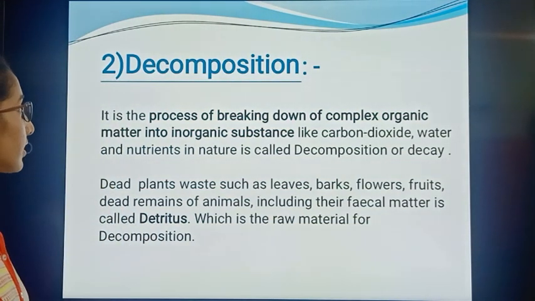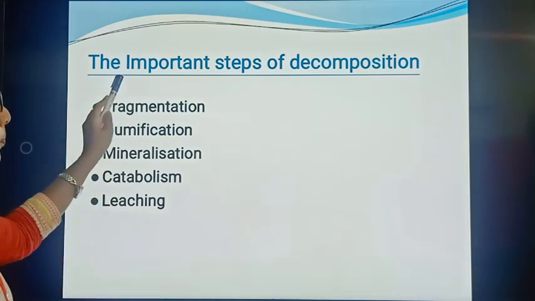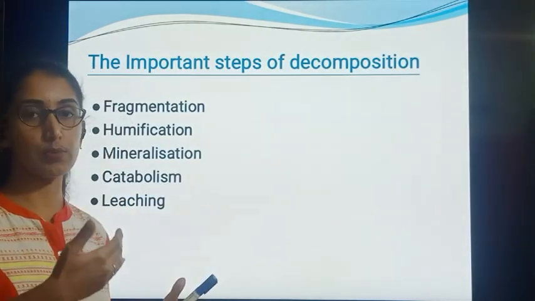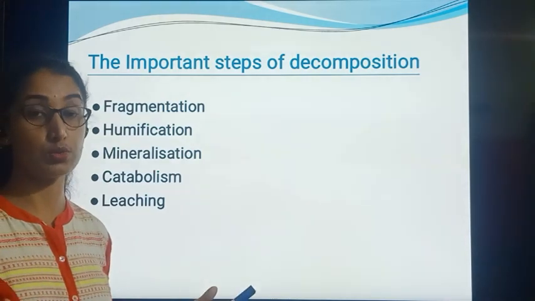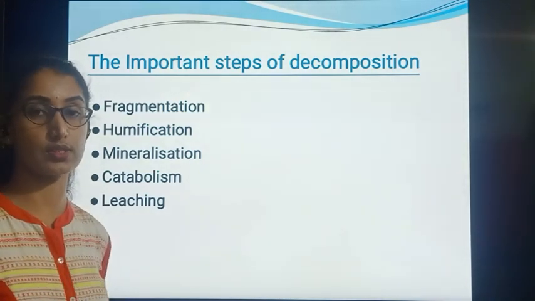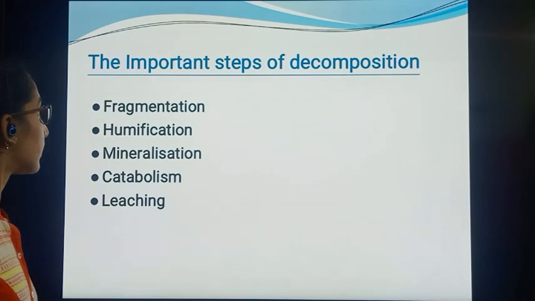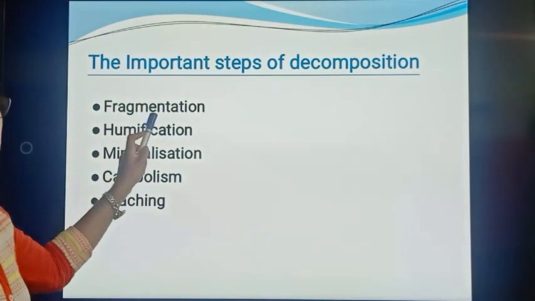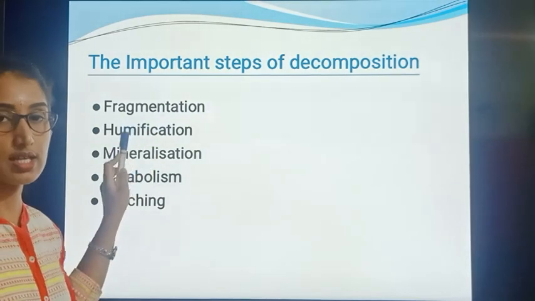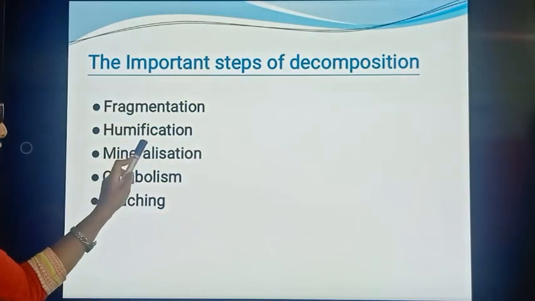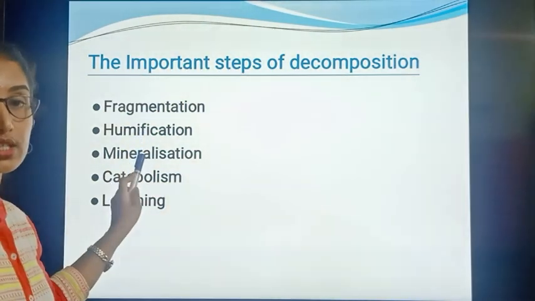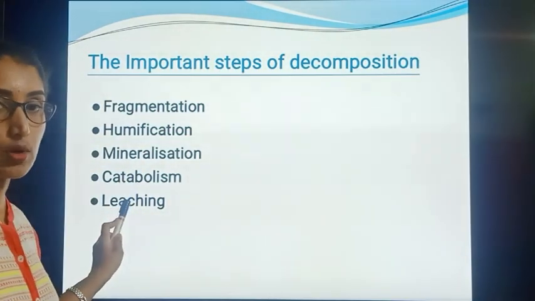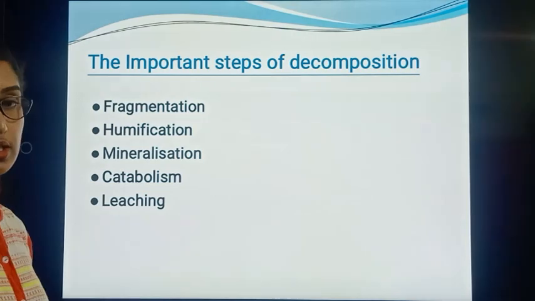Next we shall see the important steps of decomposition, that is, how the decomposition process is completed. There are a few steps: the first is fragmentation, the second is humification, the third is mineralization, the fourth is catabolism and leaching.